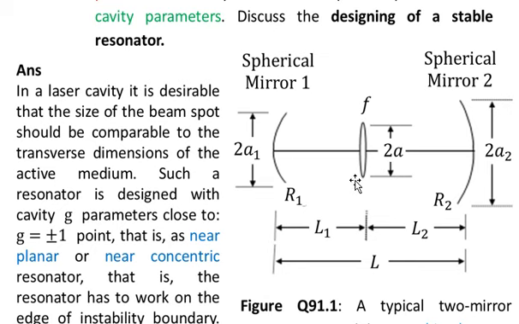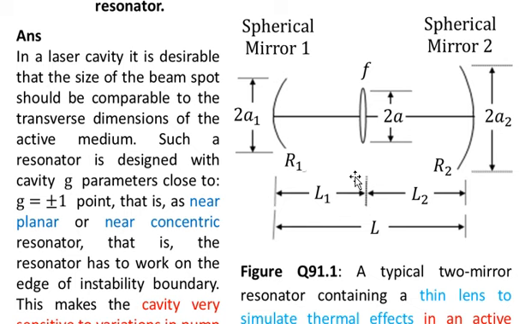This lens has been placed in order to simulate the thermal effects in an active medium due to pump power variations. You see that in the laser you need optical pumping. So when the power fluctuates in the optical pumping, thermal effects are produced within the resonator.